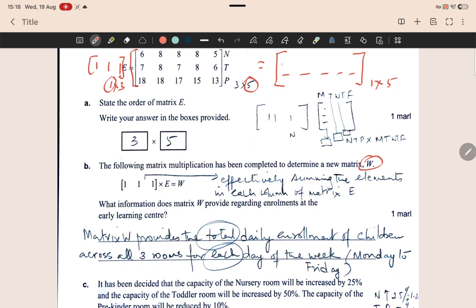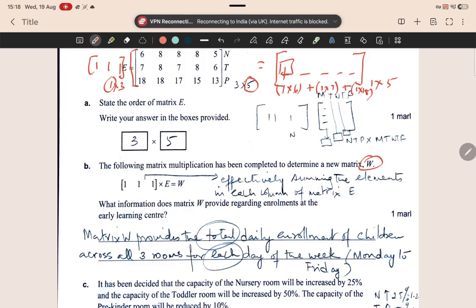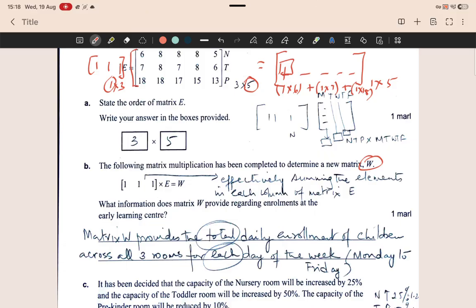And so the first answer will be 1 times 6 plus 1 times 7 plus 1 times 18. So if you look at what it's doing, it's summing the columns. The second answer would be 1 times 8 plus 1 times 8 plus 1 times 18.